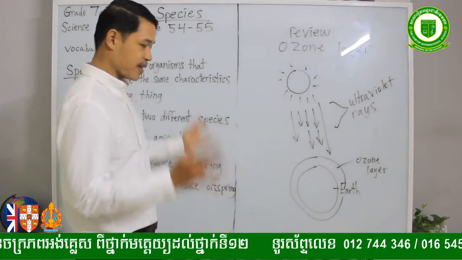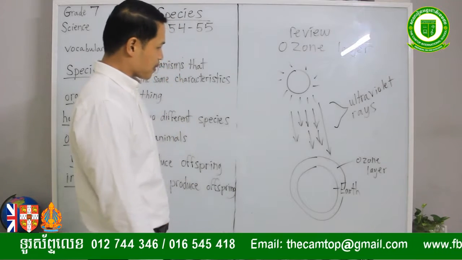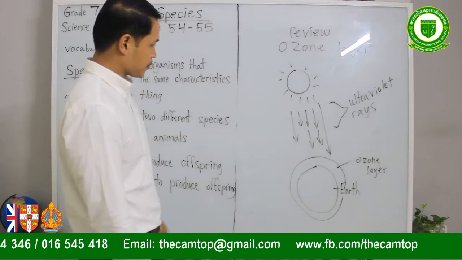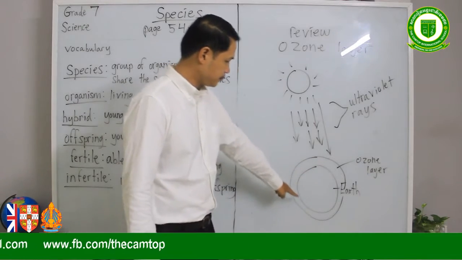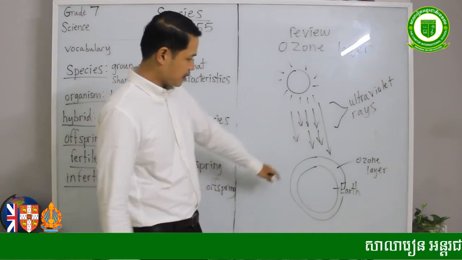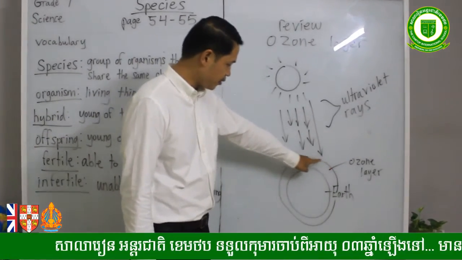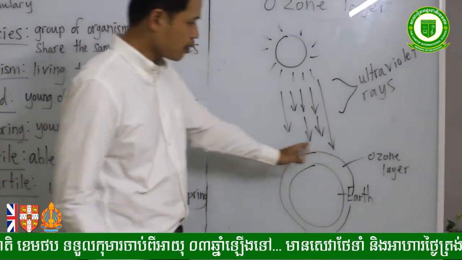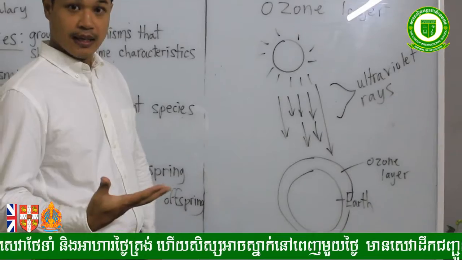This circle is the Earth, and this second, outer circle is the ozone layer. So what is the ozone layer?